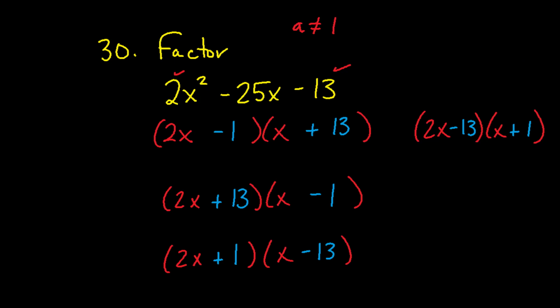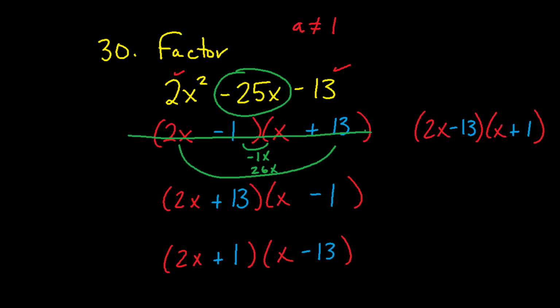So here I've written 4 guesses out, and now I'm going to check the inner and outer. I'm going to multiply them and add them together and see if they add up to this middle term of negative 25x. So here we have negative 1x, and on the outside we have positive 26x. Clearly those add up to positive 25, not negative 25.